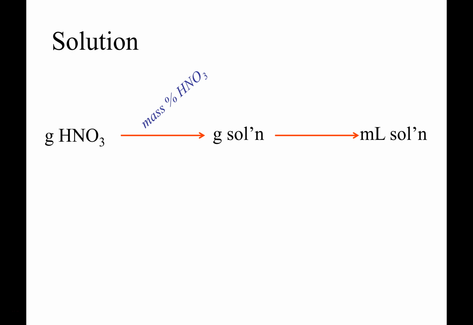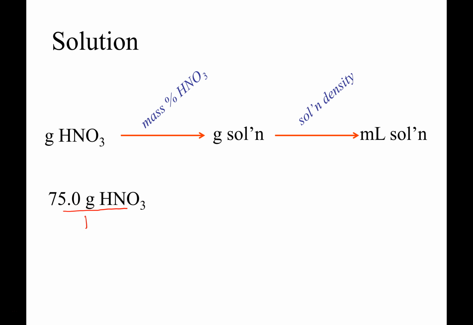Just starting down the road, we can go from grams of HNO3 to grams of solution using the weight percent. Then we can go from grams of solution finally to volume of solution using the solution's density. So we'll put 75.0 grams of HNO3 over 1. If I want grams of HNO3 to cancel, what units need to go at the bottom?